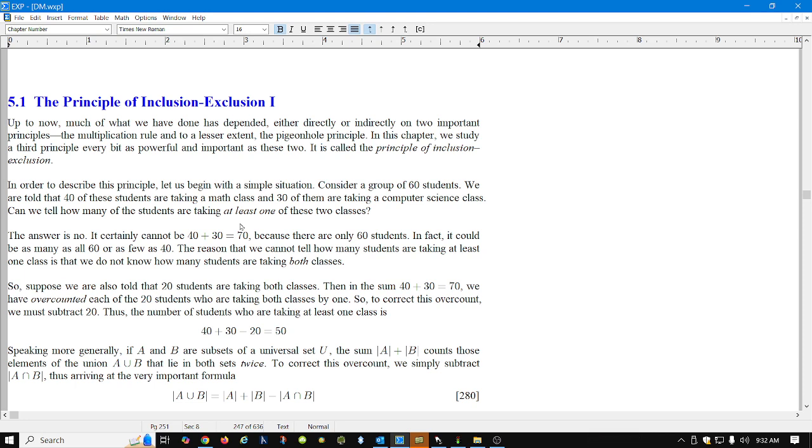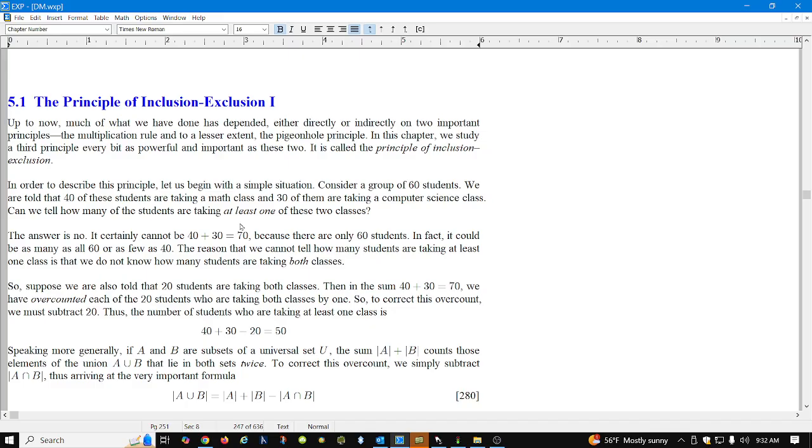So to describe this principle, let me give you an example. Consider a group of 60 students, and we are told that 40 of the students are taking a math class and 30 of the students are taking a computer science class.